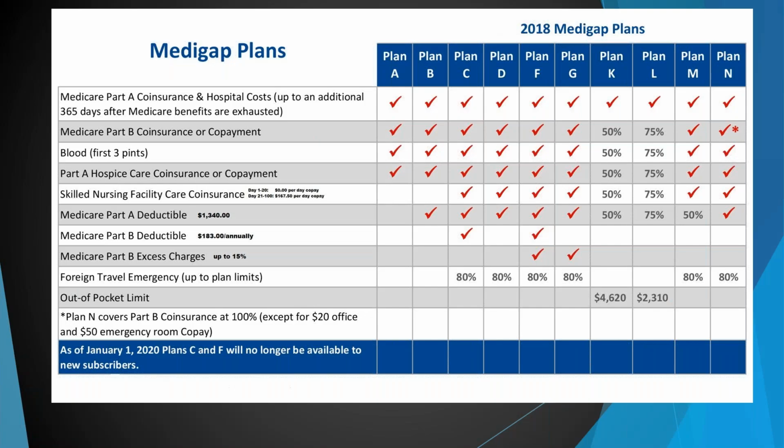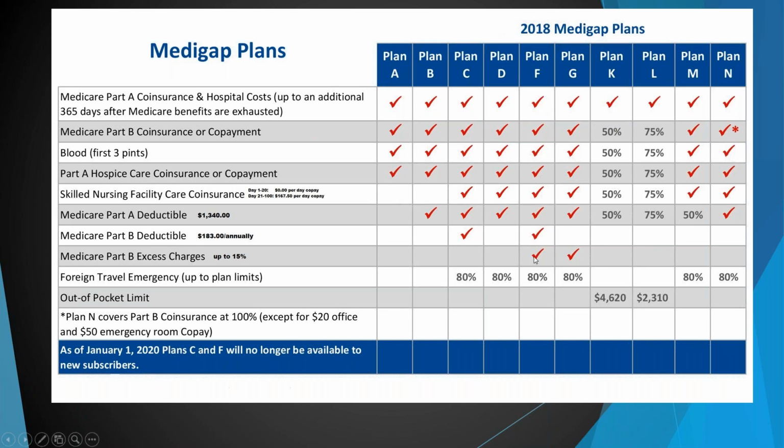For people that have original Medicare and a Medicare supplement plan, and they go with a plan G, for example, there's nothing that could happen to them medically from head to toe or fingertip to fingertip, nothing on a medical scale that they would have to pay out of pocket except for that $183 deductible.